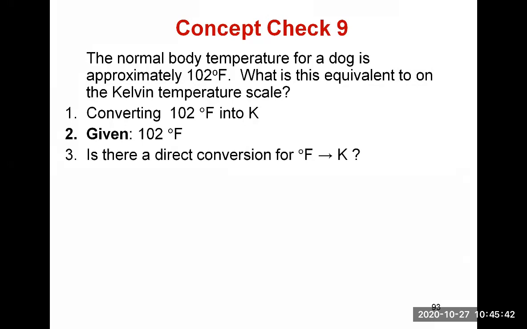Is there a direct conversion equation for degrees Fahrenheit to Kelvin? No, we don't. We saw that we only have degrees Fahrenheit to degrees Celsius, and then degrees Celsius to kelvins. So we will have to do two separate conversions here.